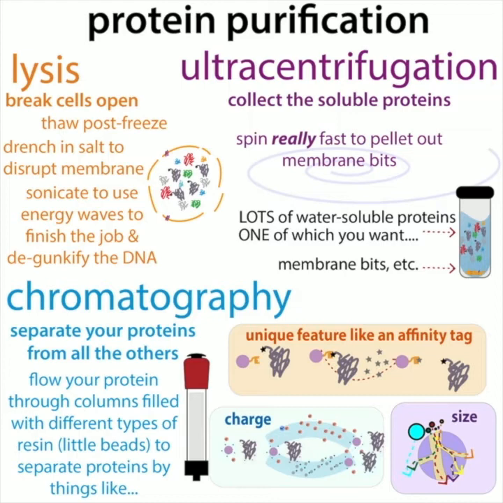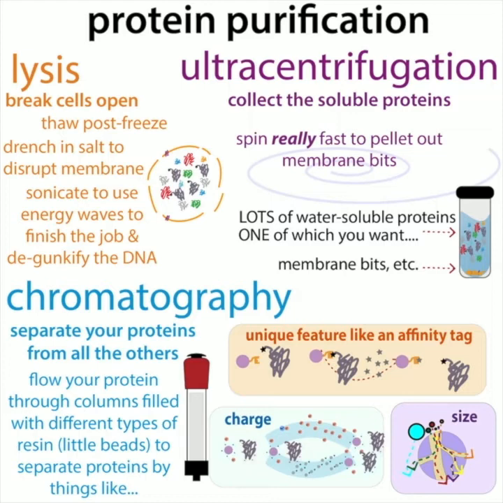So you're not expecting to find your protein in the pellet, but sometimes it can be. If your protein is aggregating and going into those inclusion bodies, it's going to end up in the membrane bit. And so when you run a gel, if you're not seeing expression, you should test that membrane fraction.